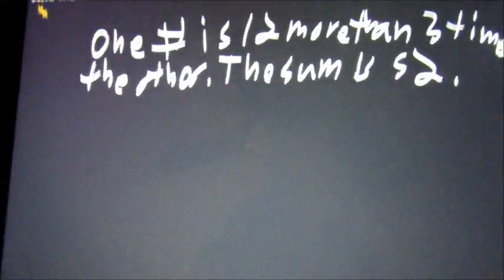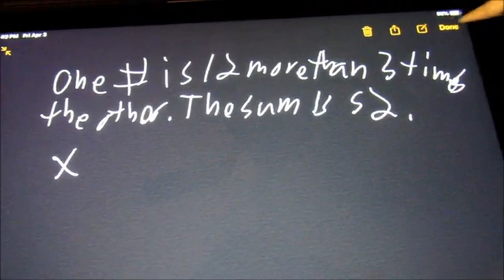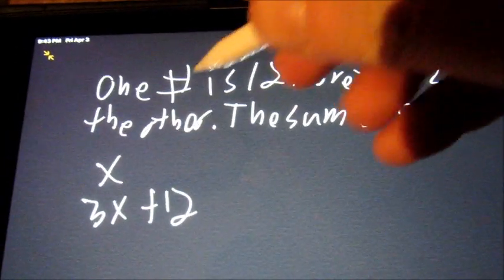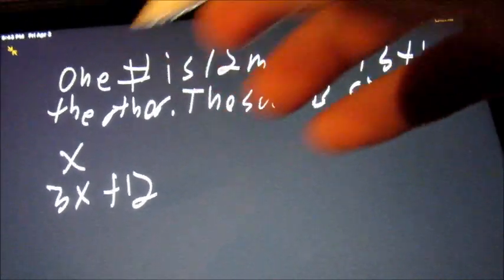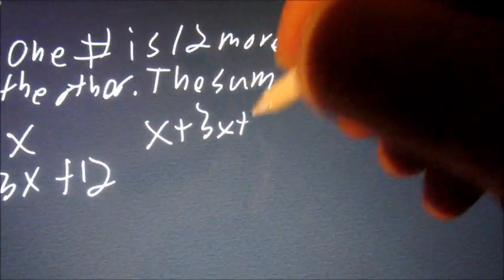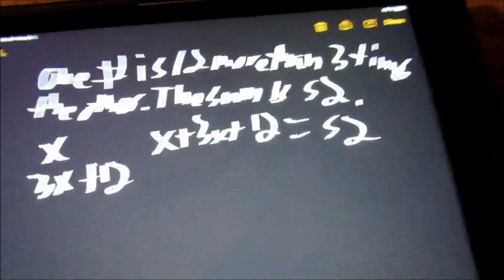So we don't know what our other number is, so that's going to be x. The first one, though, is 3 times the x plus 12, because it's 12 more. And the sum, so that means x plus 3x plus 12 equals 52.